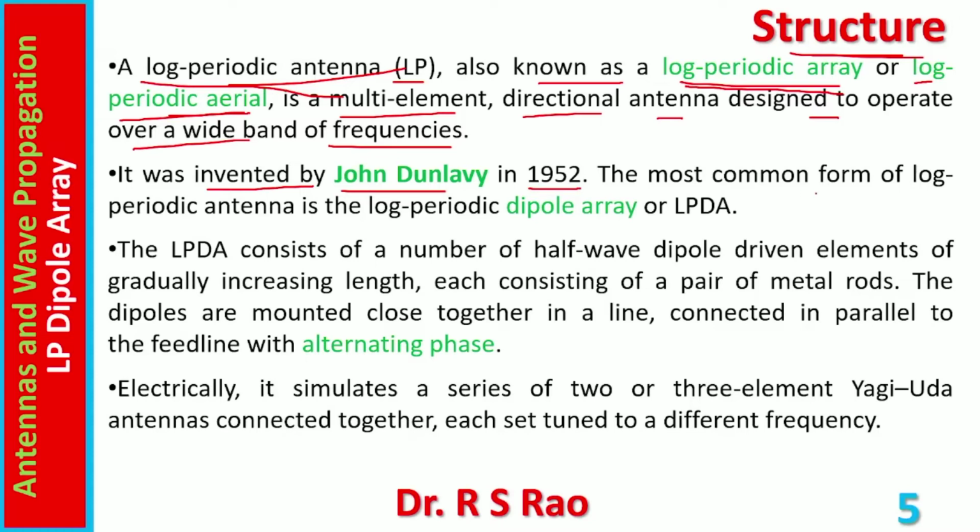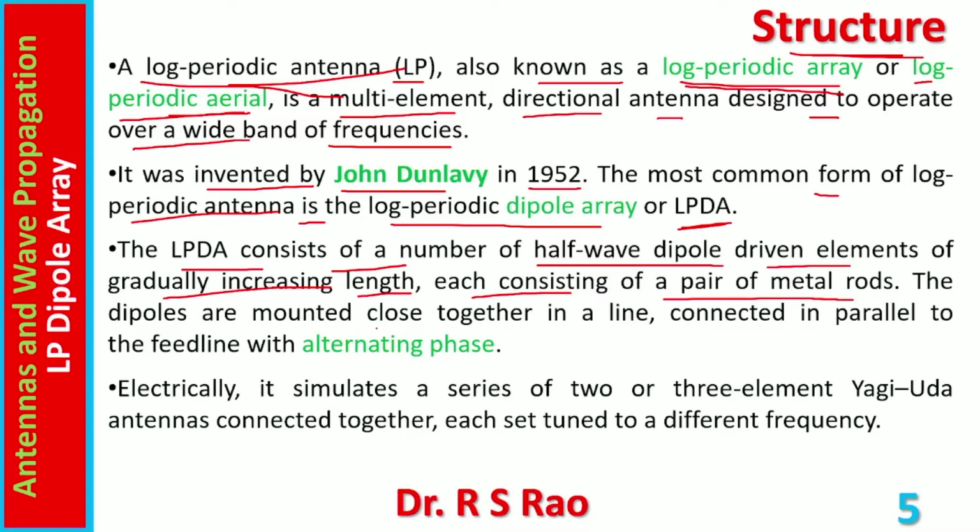The most common form of log periodic antenna is the log periodic dipole array or LPDA. The LPDA consists of a number of half-wave dipole driven elements of gradually increasing length, each consisting of a pair of metal rods.